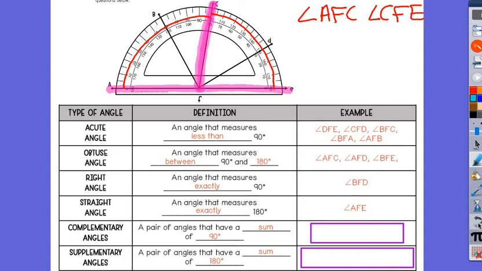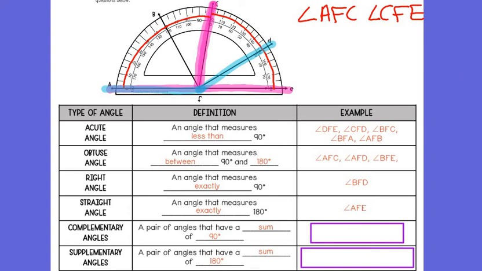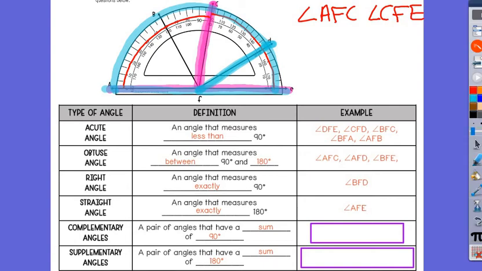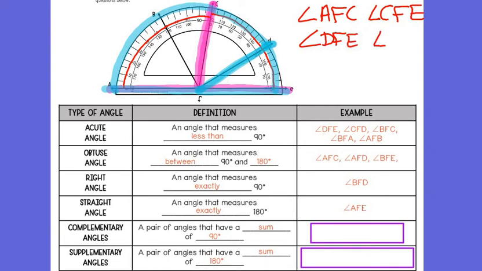Claire? DFA and DFE. Do these two form 180? Yes. Does it form a semicircle? Yes. So we have angle DFE and AFD.